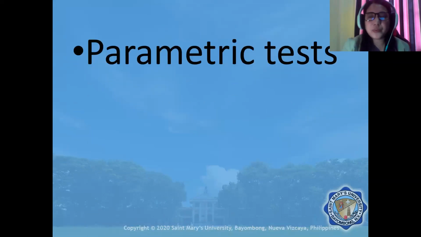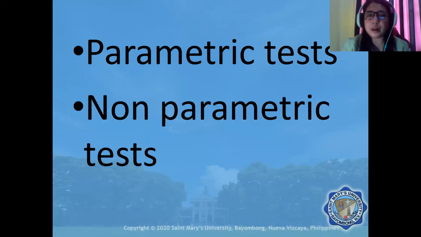Of course, in dealing with the assumptions, we actually have two options: whether we are going to use either a parametric test or a non-parametric test. But first, we have to consider what the problem is all about. Is it just simply to describe? If your objective is to describe, then you don't need to use either a parametric or non-parametric test.